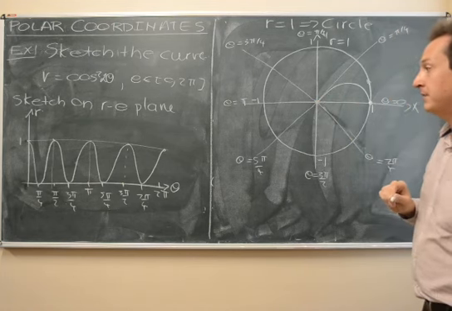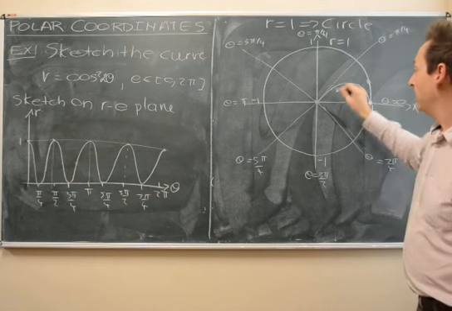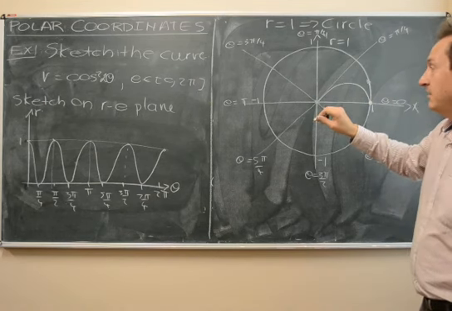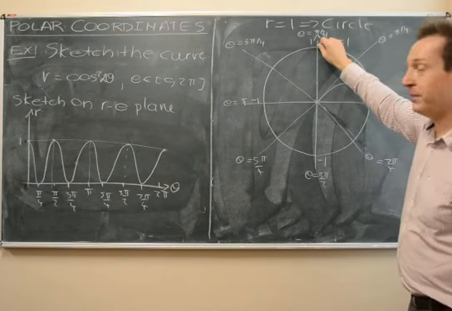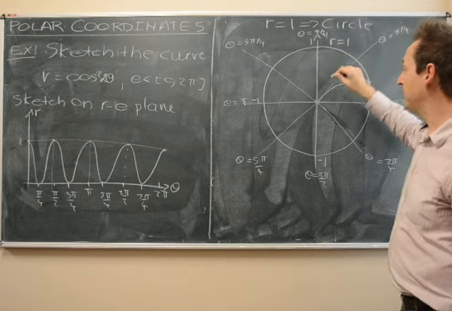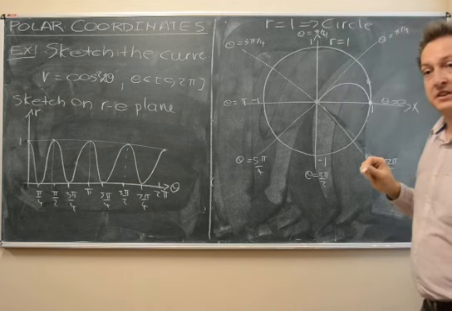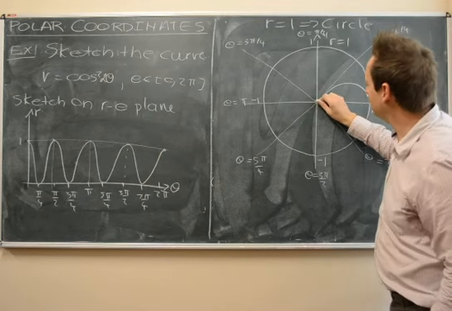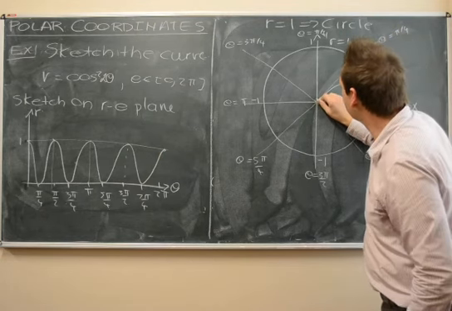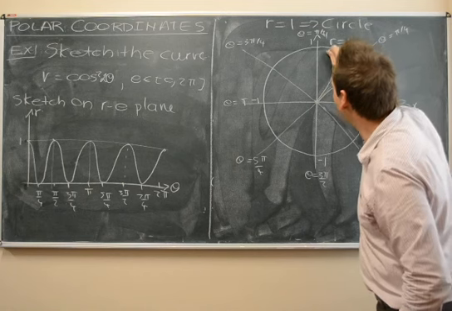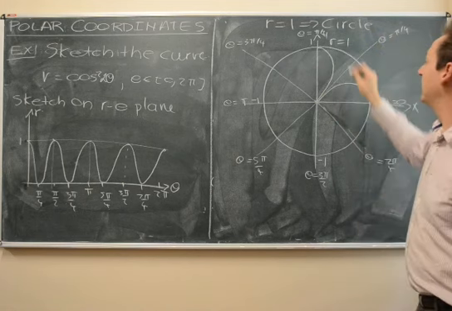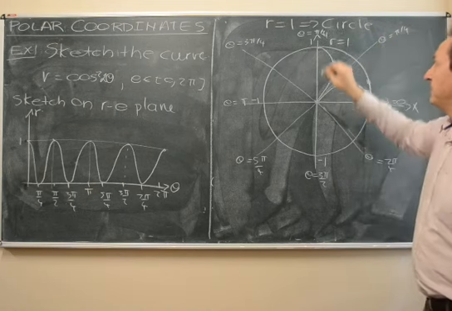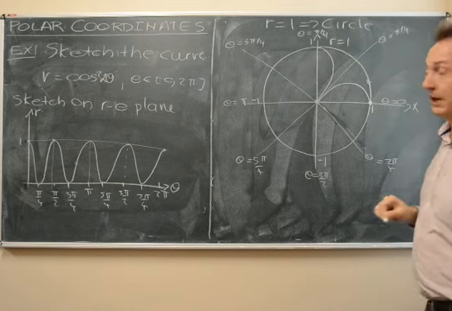And now what happens after theta equals pi over 4? Well, r starts increasing again until it hits r equals 1 at pi over 2. r increases means we're moving away from the origin. So we now move away from the origin until we get to this point, theta equals pi over 2, r equals 1.